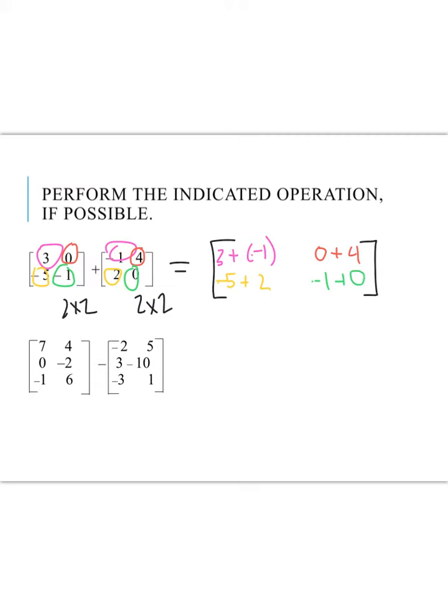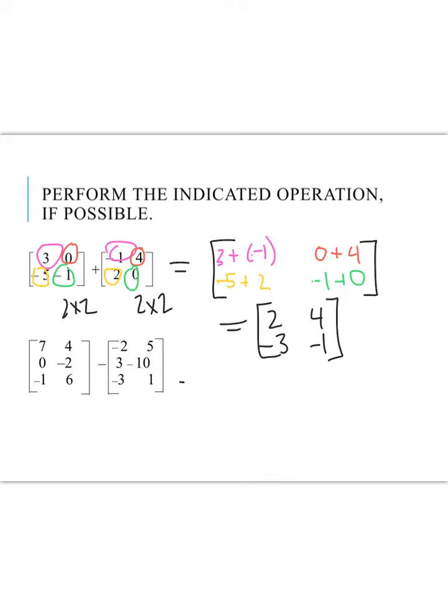Okay, now I just simplify. So I'm going to get 3 minus 1 is 2. 0 plus 4 is 4, -5 plus 2 is -3, and -1. So after I added my 2 matrices, this is my final answer.